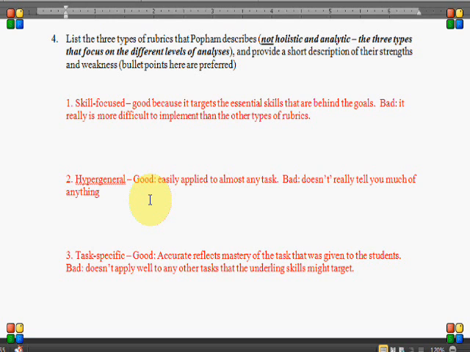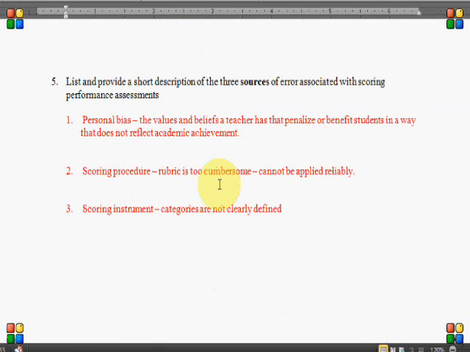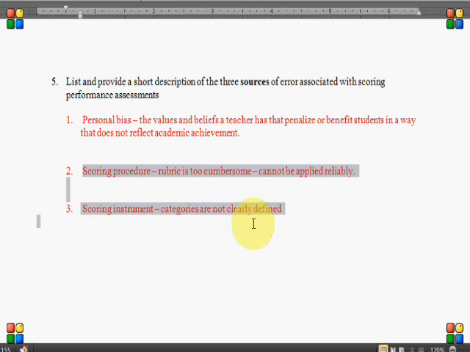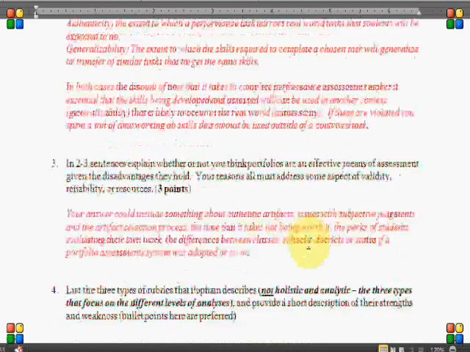In the same sense, when you talk about these 3 sources of error that he talks about, make sure you understand what the different personal biases are, how they're different from things like the halo effect and logical errors of generalization. Think about scoring procedures. He gives some specific criteria in there, and really think about how it impacts reliability. But that's the basic format of this thing.